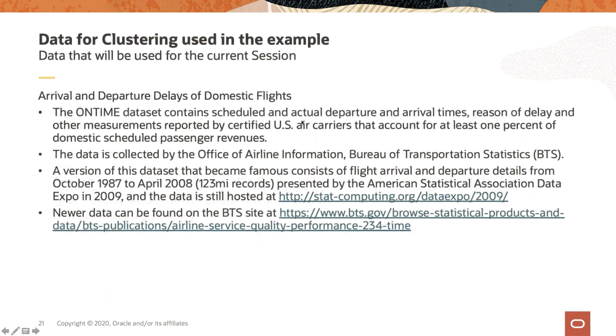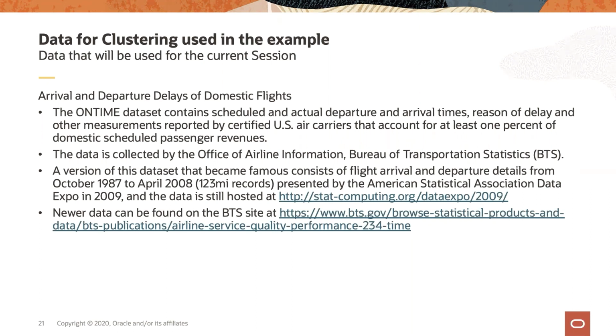So we're going to use the same data set we've been using for the last sessions. We've been using it for classification, and we were using that data set for regression as well, which is the on-time data set, the arrival and departure delays of domestic flights. Now, we're going to do a little twist on that data set. We have been using a sample of 10,000 records, and we were trying to predict arrival delays, and whether the flight was going to be delayed or not.